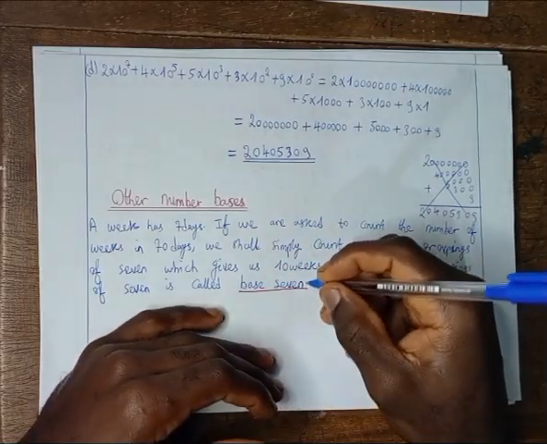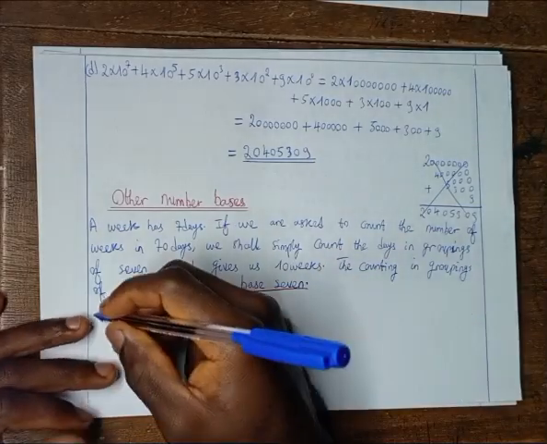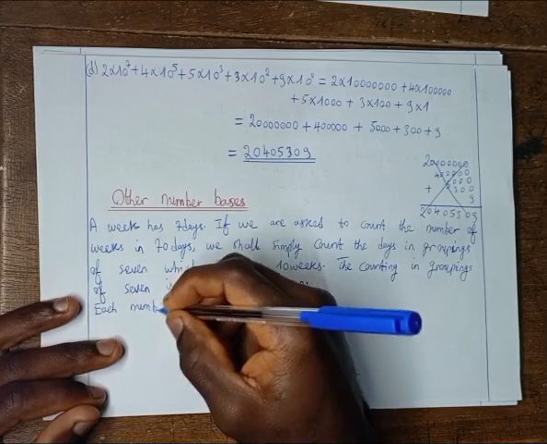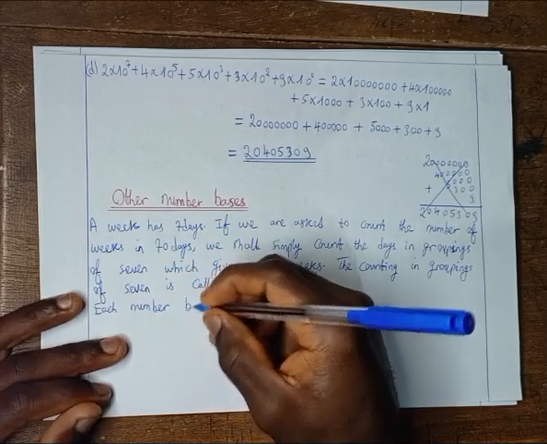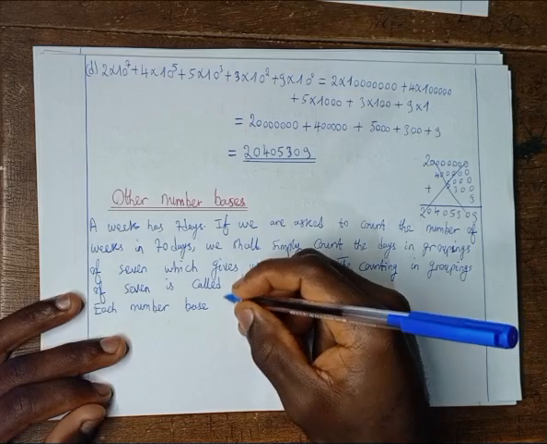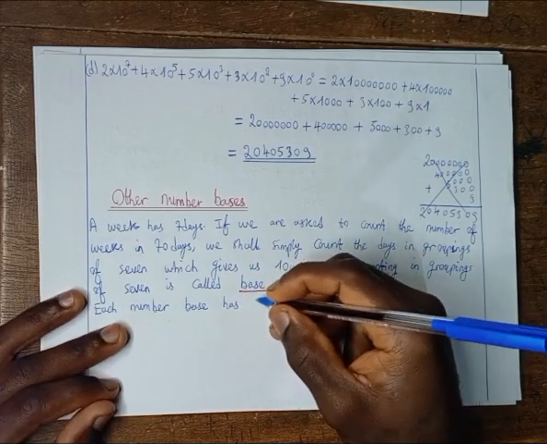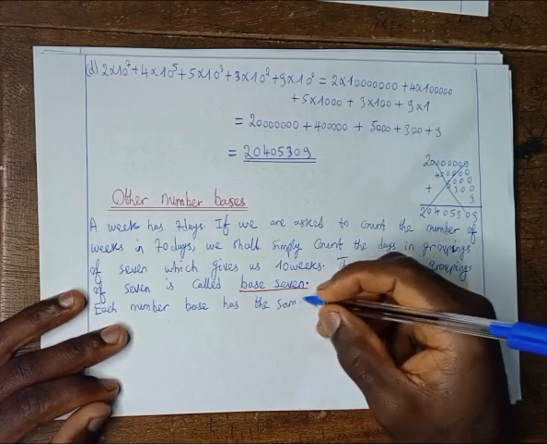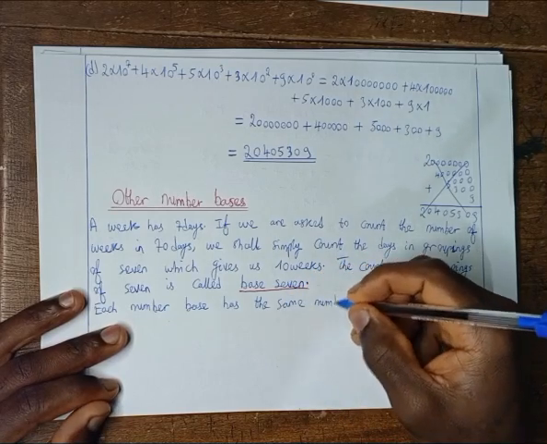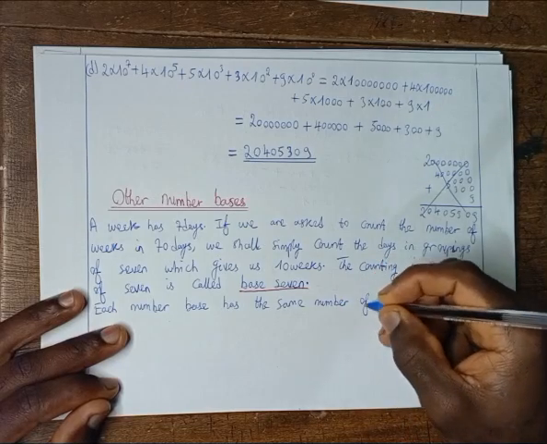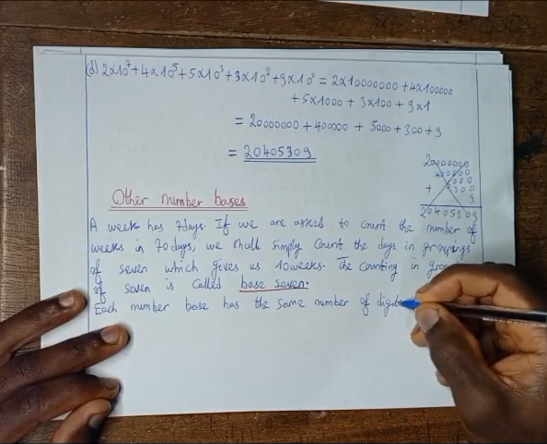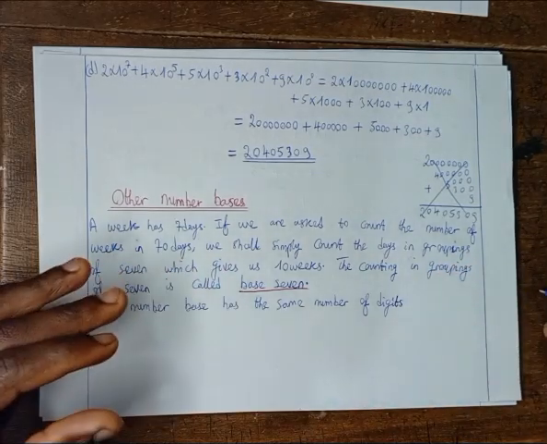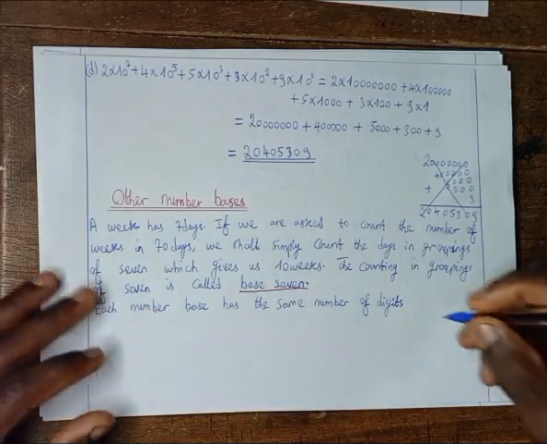Remember the definition of a number base. Each number base has the same number of digits. If, for example, like in base 7, we make use of 7 digits. Let's write this down.